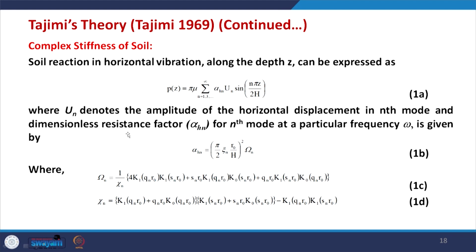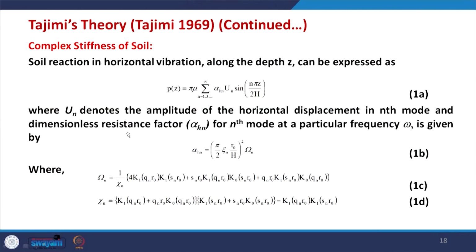Seismic's theory is only for a single pile, a single end bearing pile, and it considers the horizontal mode of vibration only, not the vertical mode. For the horizontal mode, when you apply a load horizontally, the soil reaction Pz, which varies along the depth, is a function of displacement.